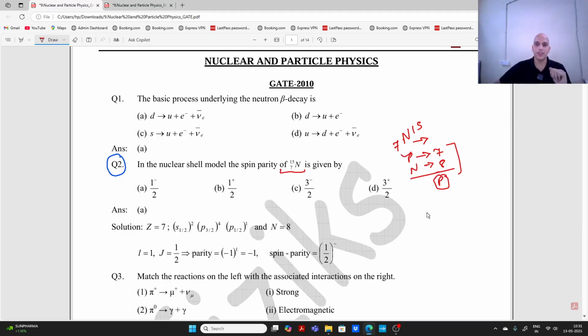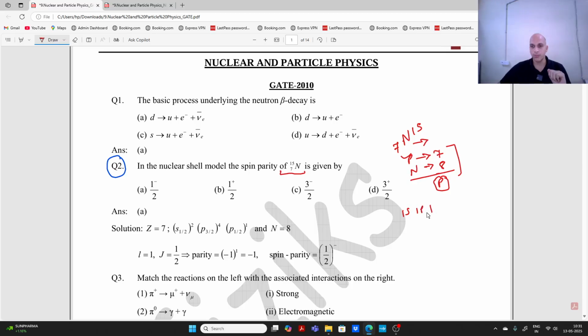So we know very well what the configuration is and how we write it. It is 1s, 1p, 1d, 2s. This is the sequence. So we'll start with 1s 1 by 2. It is written here, but they have taken a different way of solving it. So 1s 1 by 2 takes 2, 1p 3 by 2 takes 4, and the last one will go to 1p 1 by 2, right, 1, so 4 plus 2 is 6, plus 1 is 7.